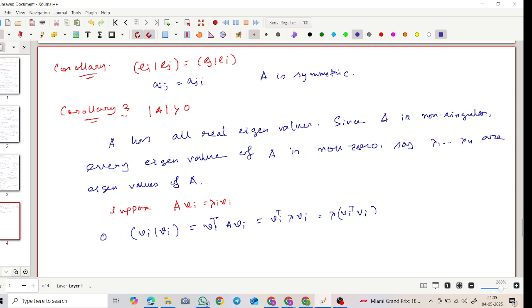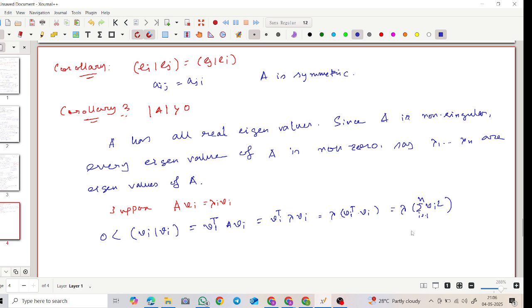You see, this is strictly greater than 0 because Vi is non-zero. Eigenvector is non-zero by definition. No, sorry, Vi transpose Vi is just the summation of Vi square.